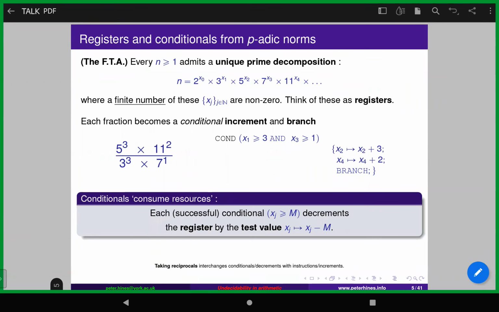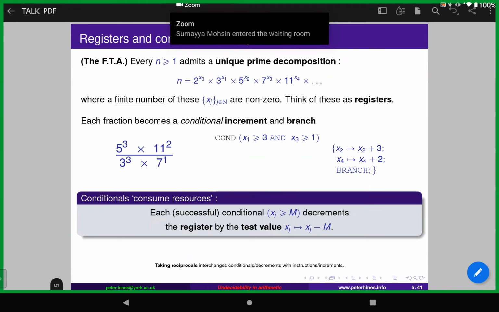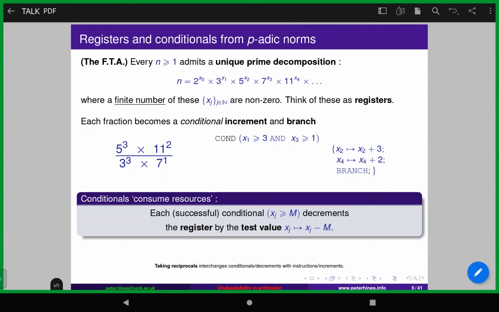We have enough for computational universality, and we have enough structure that actually we can, if we're that way inclined, write reasonable programs within this programming language. And of course, taking reciprocals, well, all that does is interchange our conditionals and our decrements with our instructions and our increments. Okay, so far, so fun.